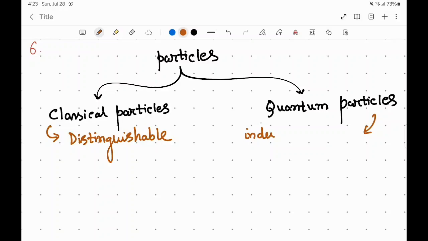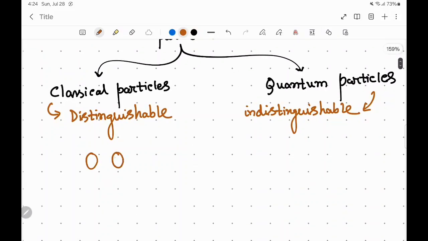So basically, these are the indistinguishable particles. What does it mean? Distinguishable means, let's say you have two classical particles, two classical balls, similar kind of balls, identical balls. Can you distinguish these balls? No. You can distinguish them. If you have the same kind of ball, you can distinguish those balls by their trajectories.